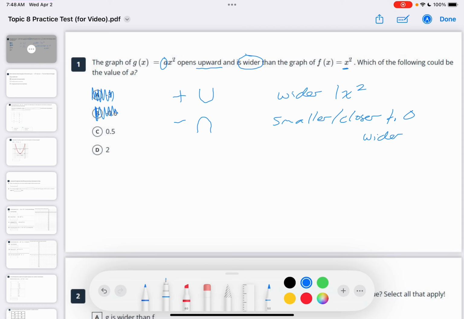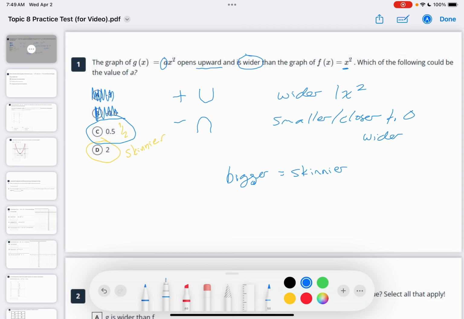So 2, for instance, is going to be skinnier. 0.5 or 1/2, that's going to be wide. So that would be our wider graph again. The bigger the number, the skinnier it is. Bigger equals skinnier.